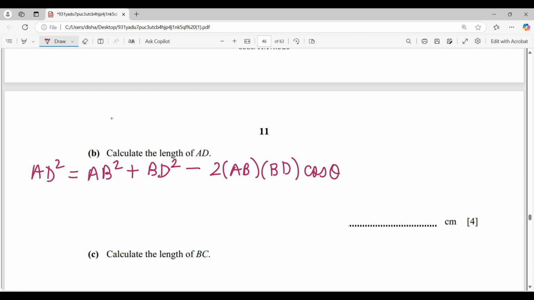So basically we have A square plus B square minus 2AB cos theta, so that will be equals to C square.